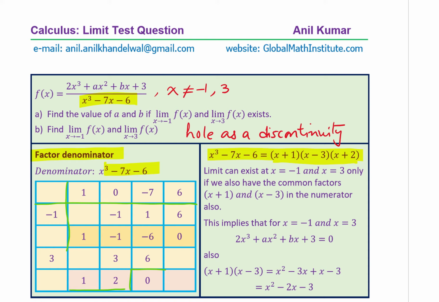Now, we are saying that the limit exists for x approaching minus 1 and x approaching 3. That means the numerator should also have x plus 1 and x minus 3 as two of its factors.